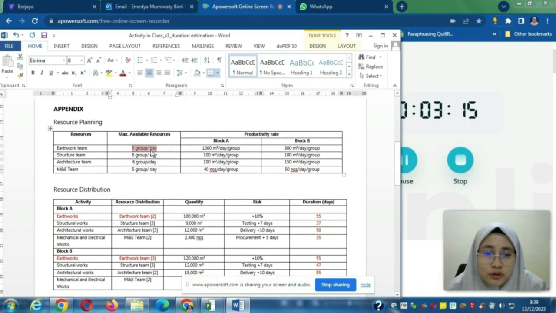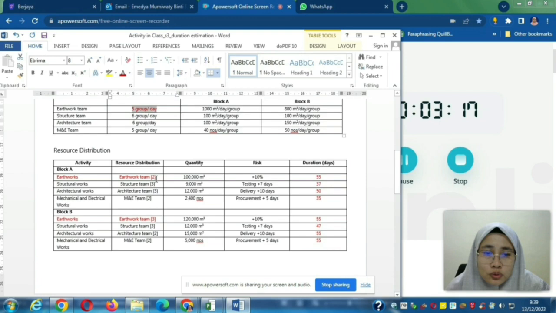These 5 groups can be distributed so that 2 groups will do the job on block A, and another 3 groups will do the job on block B.